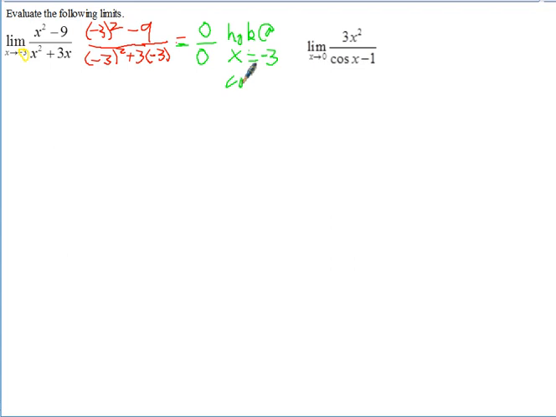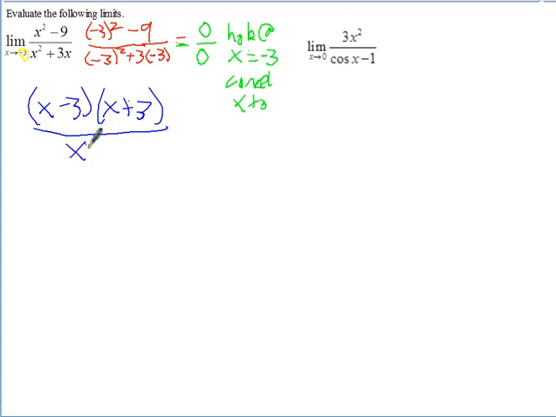That means in order to get rid of that hole, we need to cancel what's causing the hole, an x plus 3. So let's show you how to do this one in two different ways. You can use factoring. Take the numerator to x minus 3 times x plus 3. In the denominator, you could take out the x, which leaves you with x plus 3.